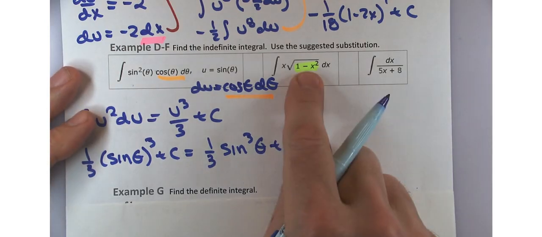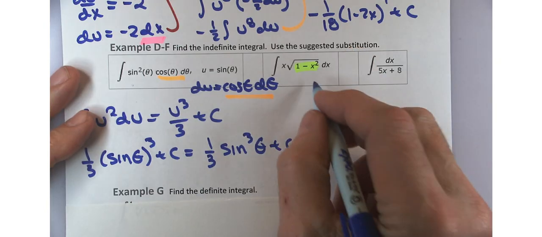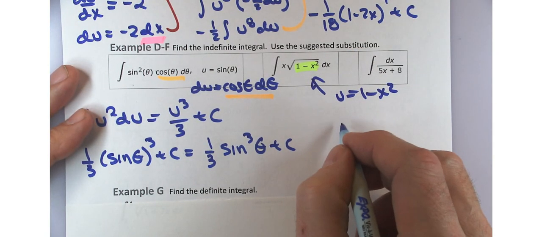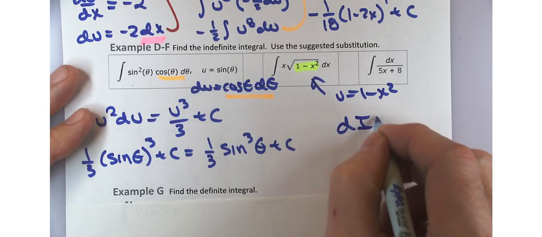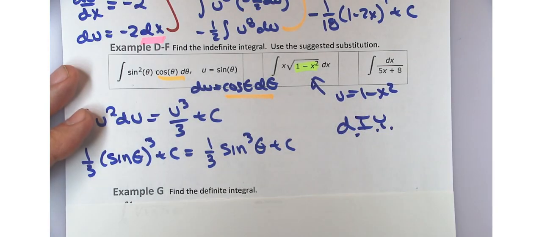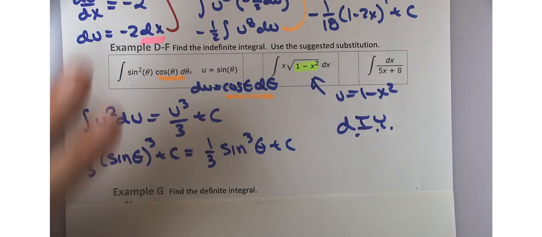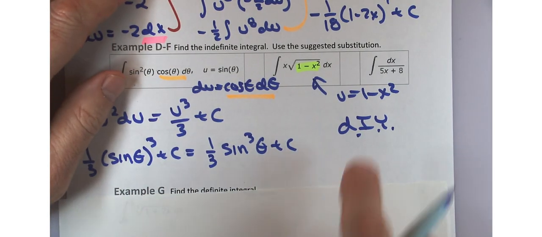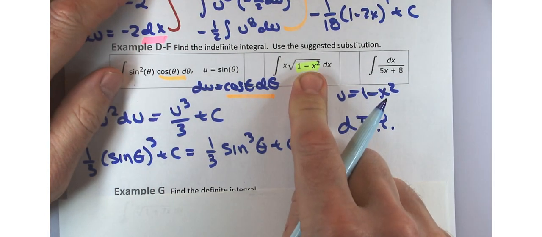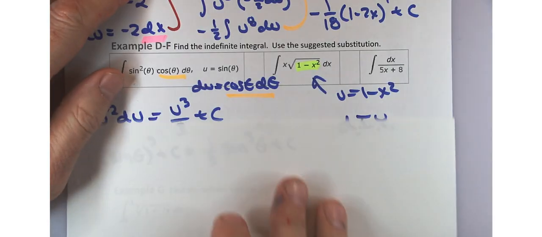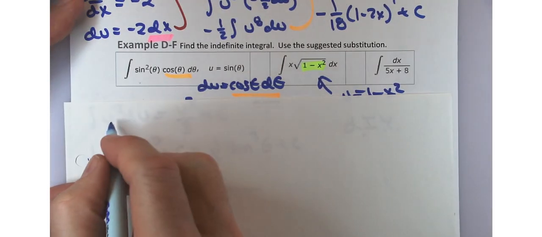This one, you're going to let u equal 1 minus x squared, and that one's going to be a DIY thing. What's DIY? Do it yourself, yeah. All right, we're not going to do that one in class, sorry. But if you need some practice, then try it with that substitution. We're going to focus on this last one, so I'll call that one example F.